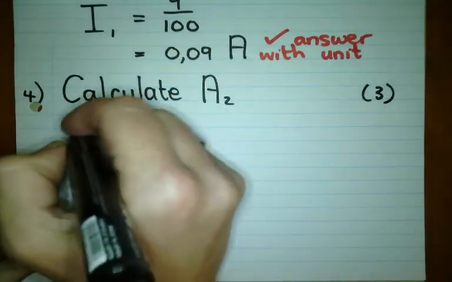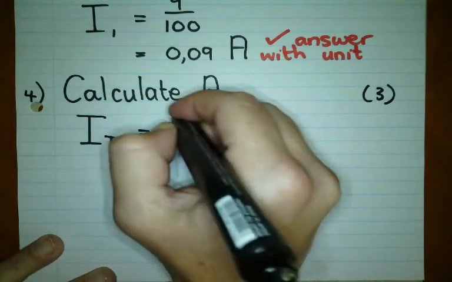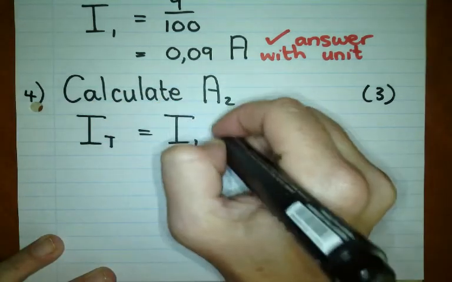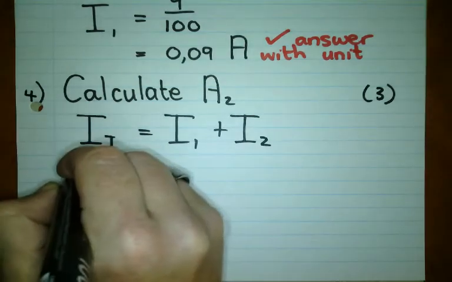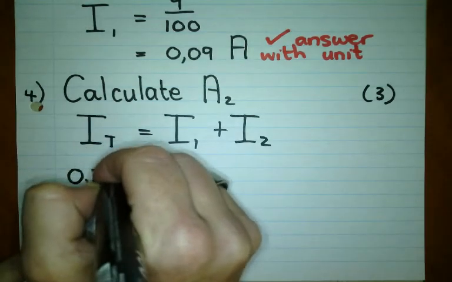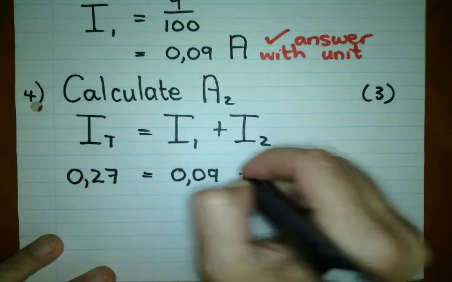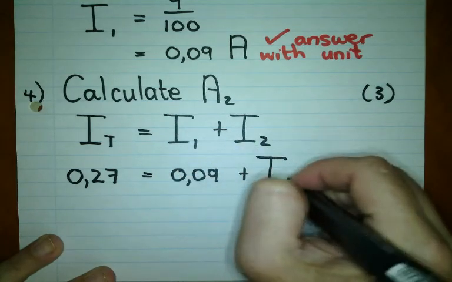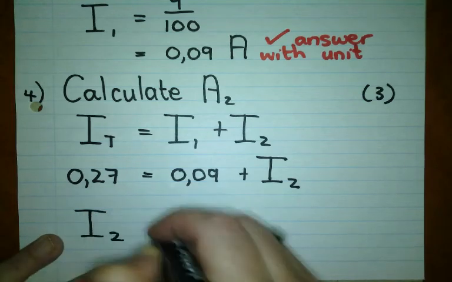Alright. First mark always goes for the formula. Second mark goes for the substitution. And you might have to use your calculator here.